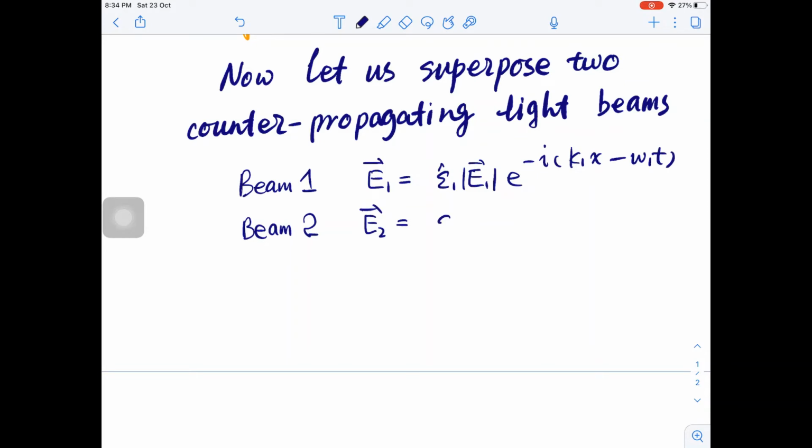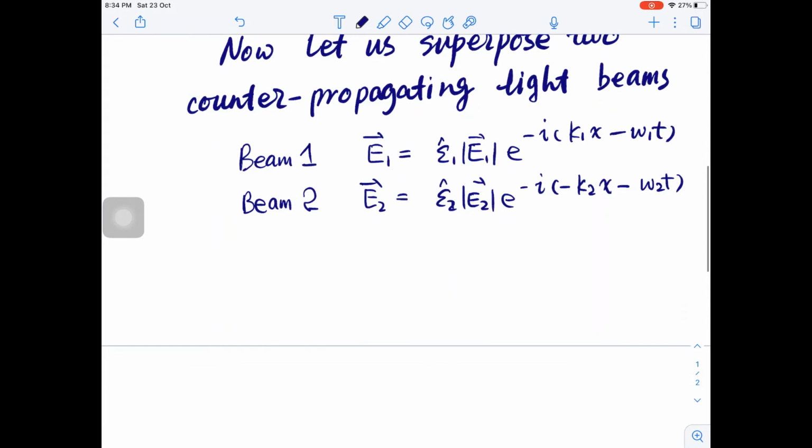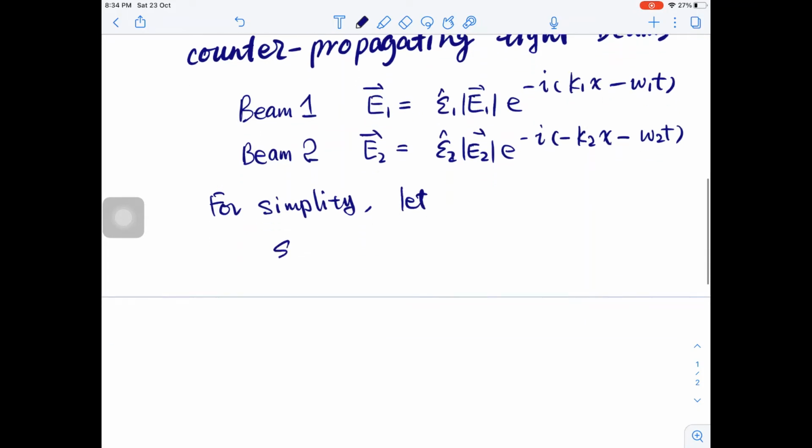E2 equal to epsilon 2 times the module E2 times e to the power of minus i (minus k2 x minus omega 2 t). Here I use minus k2 with respect to k1. That is because k describes the direction of the propagation, and I use the minus sign to say these two beams are counter-propagating to each other.